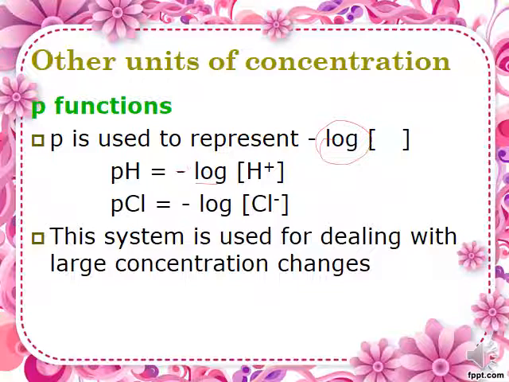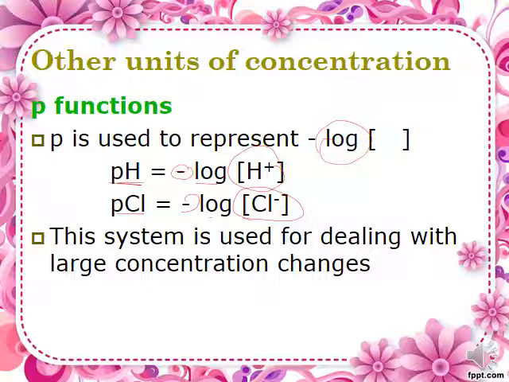You have to press the negative, the minus symbol, first, then you press log, and then you enter the concentration. Then it will give you the pH. For pCl, you take the negative log of the chloride concentration. Okay, so this system is used for dealing with large concentration changes.